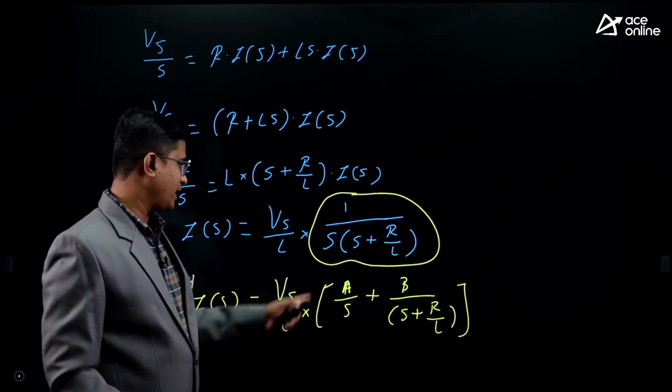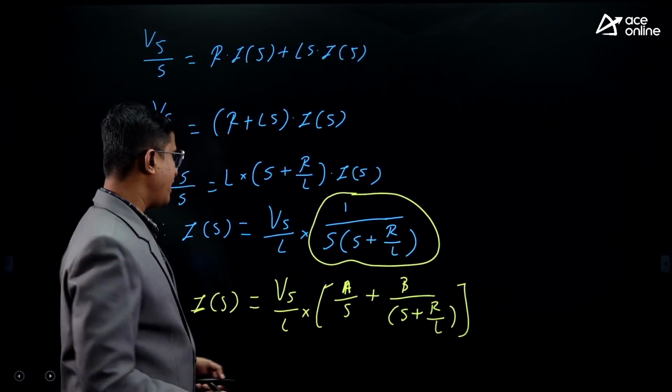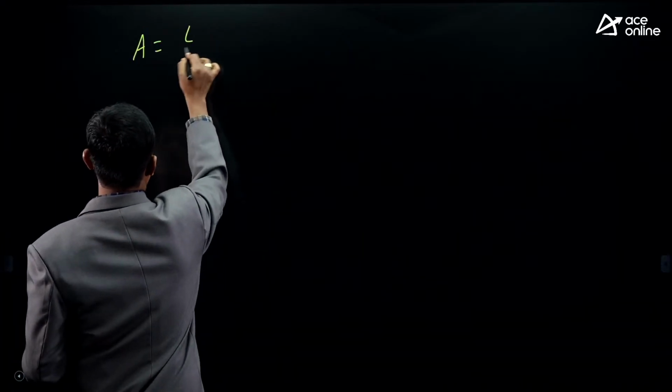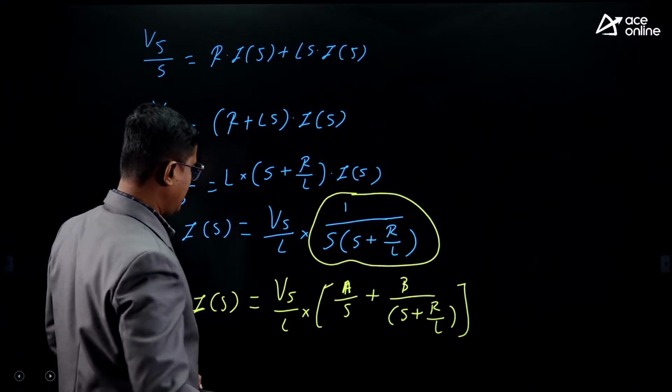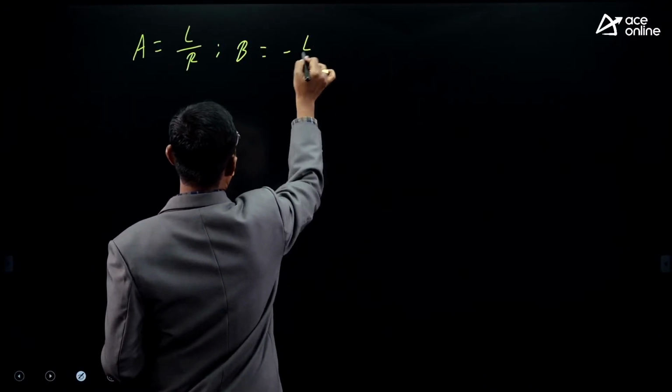A is equal to L by R. And B is equal to minus L by R.